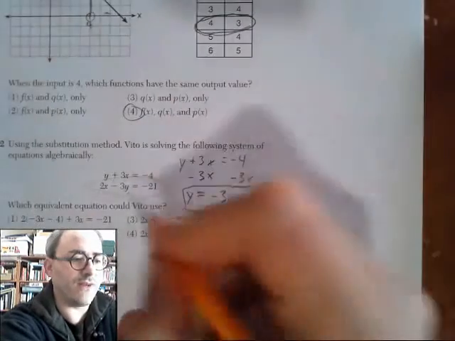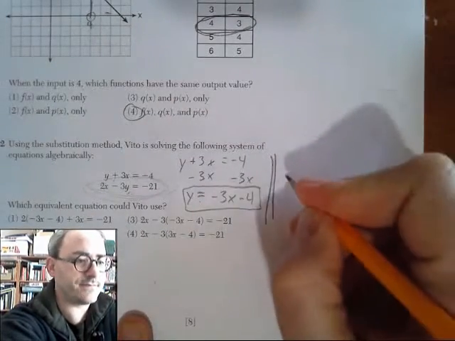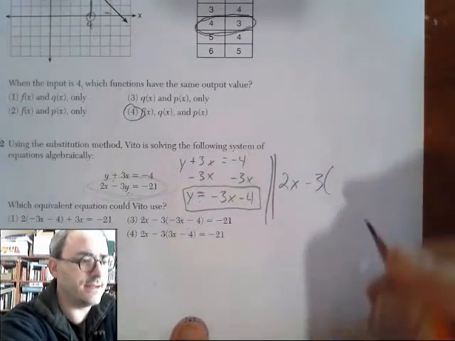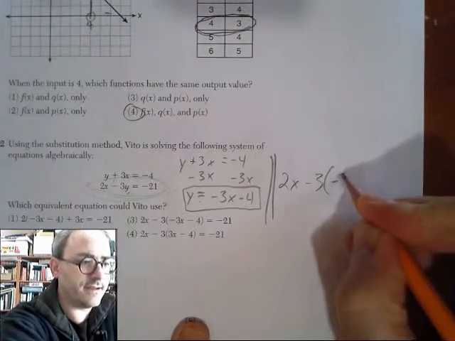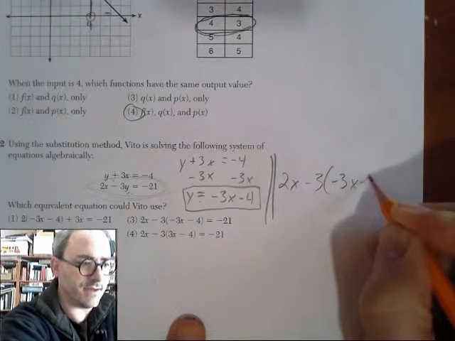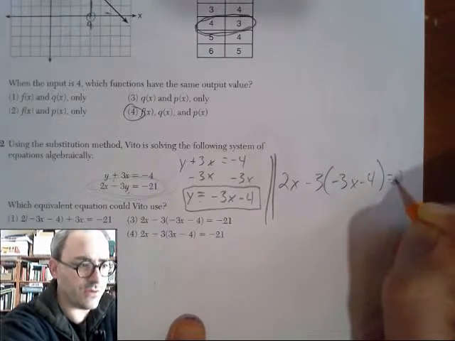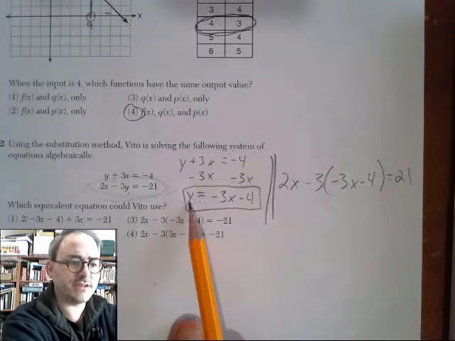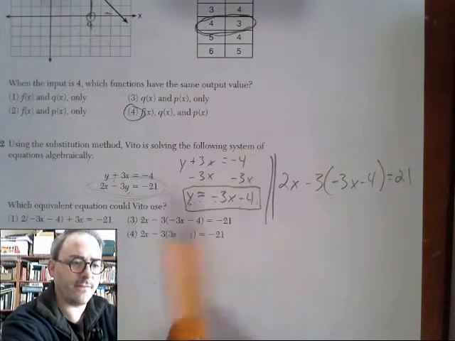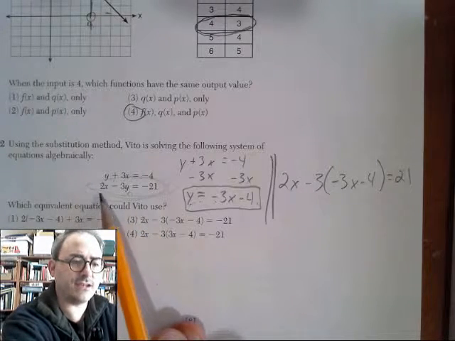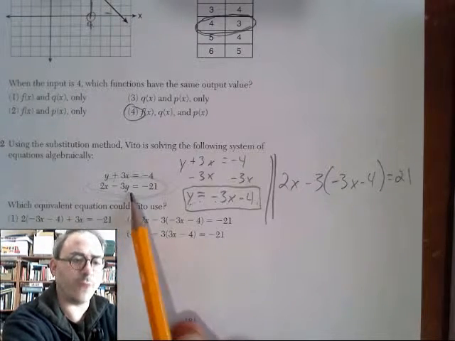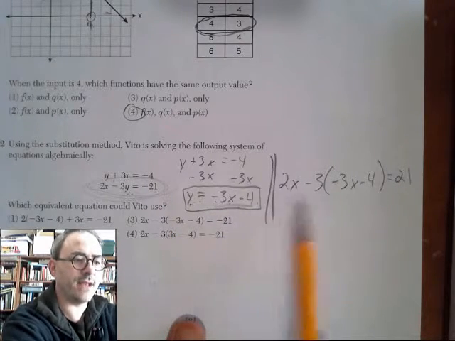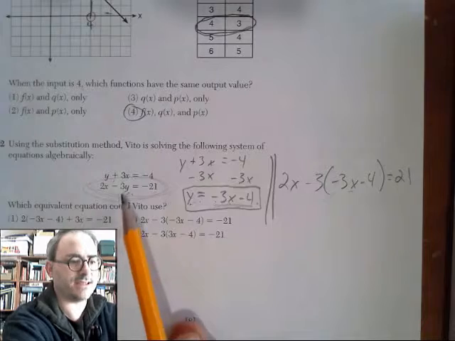So if I was going to substitute it in, I would write 2 times x minus 3 times the expression negative 3x minus 4 should equal 21, right? If I know that y equals negative 3x minus 4, and I know that 2 times x minus 3y equals negative 21, then I take the 3x minus 4, I substitute it in for y in this equation.